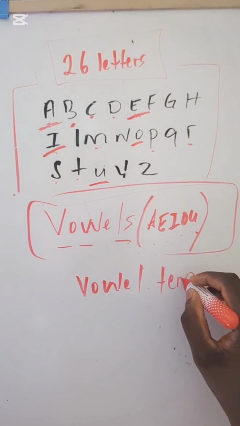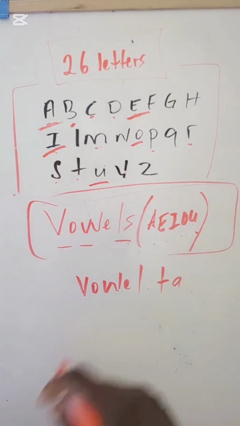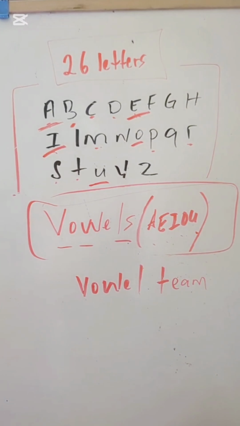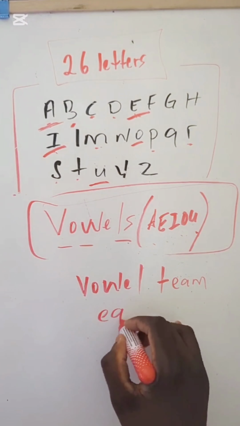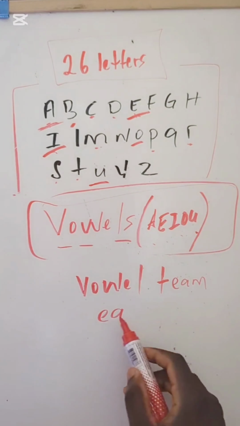Vowel team. So out of all of the vowels, you can have the same thing like what we saw a while ago. Just like how you have the digraph, it is also a vowel team.